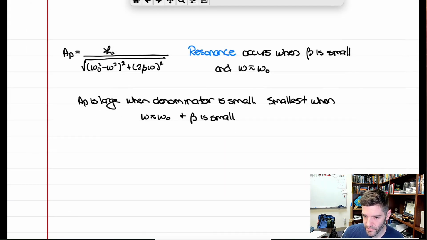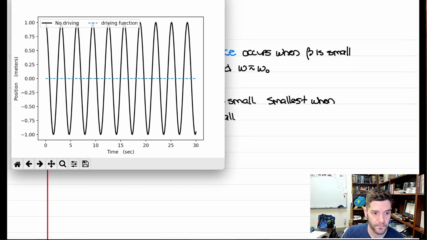There's not supposed to be drag, so what is going on here? This I think should be 0. Let's see, what is being plotted? Oh, that's why it's not doing it right. There we go.